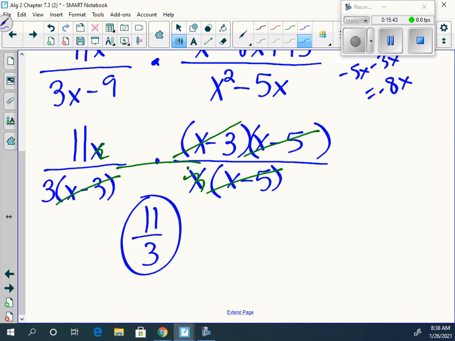Because instead of having 3, if we had 11, well, 11 over 11 is 1. Because it is possible that everything in the numerator and denominator simplifies with each other, that everything matches up. It is possible for that to happen.